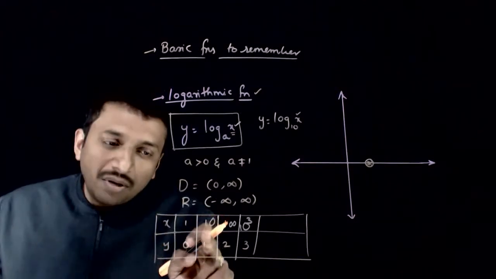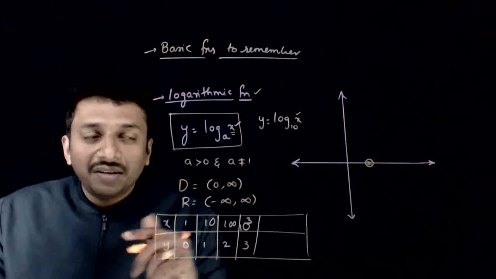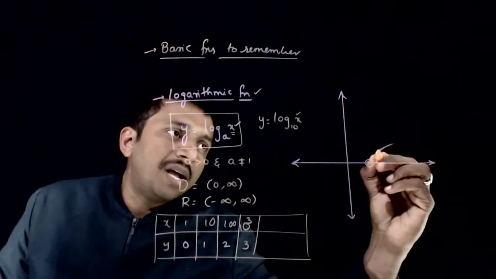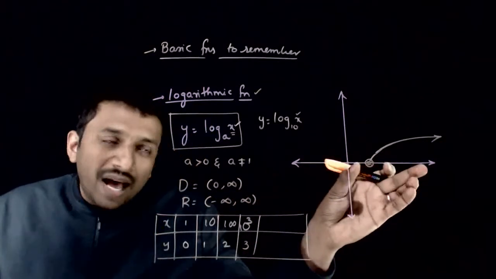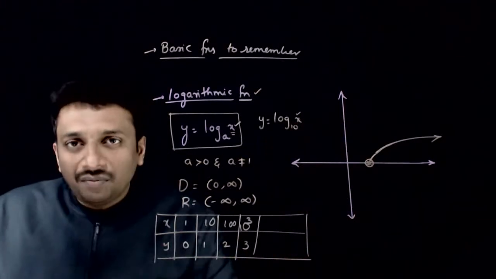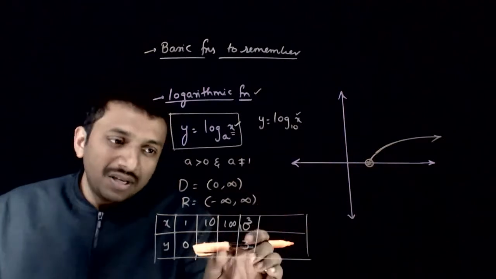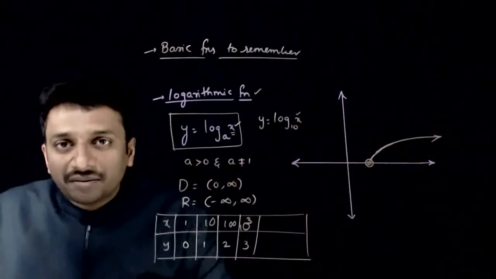At x equal to 10 it becomes 1, at 100 it becomes 2, at 1000 it becomes 3. The increase in log becomes a very flat function. You need a lot of increase in x for a relative increase in y. If y has to increase by 1 unit, x has to increase by 90 units. Next, x has to increase by 900 units. So the graph is becoming flatter.